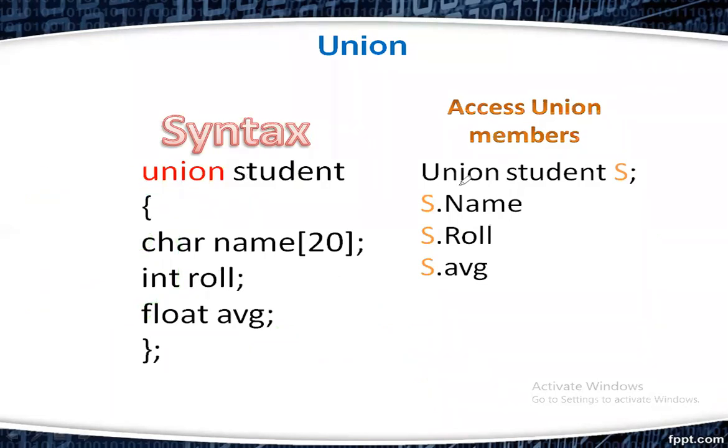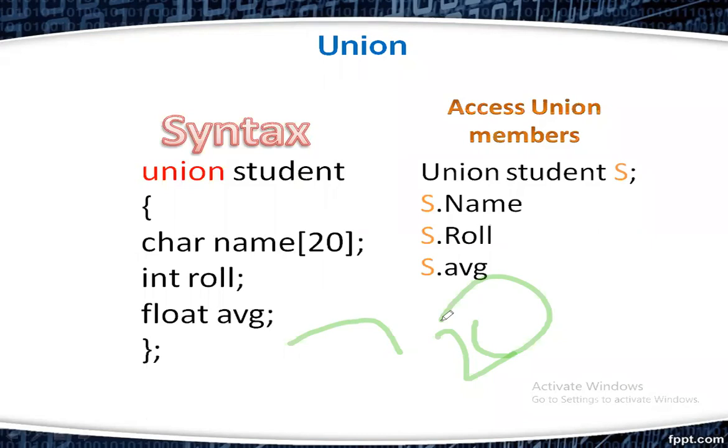Let us verify. Next, how can we access s dot name, s dot roll number, s dot average? What is the size of the union in this example? 20 bytes. The variable s cannot store all the information at a time. It can store the information only instantaneously, not permanently.